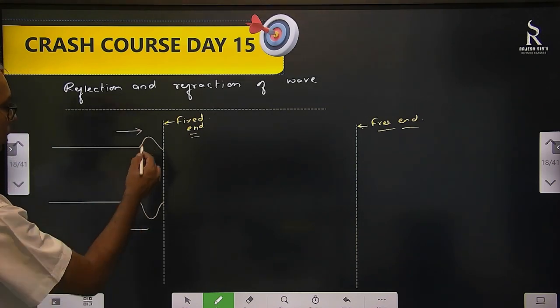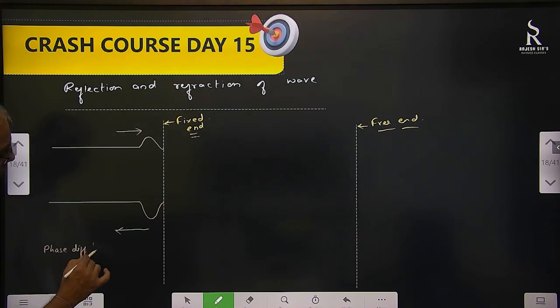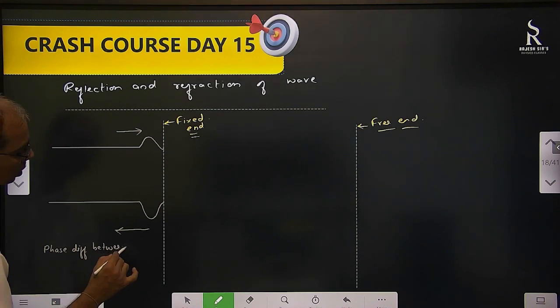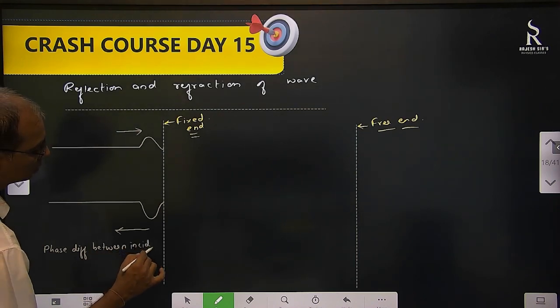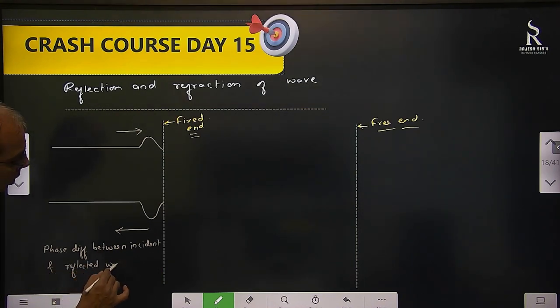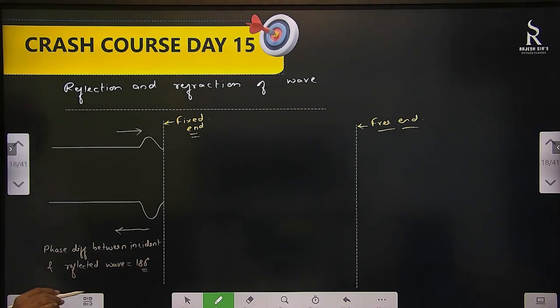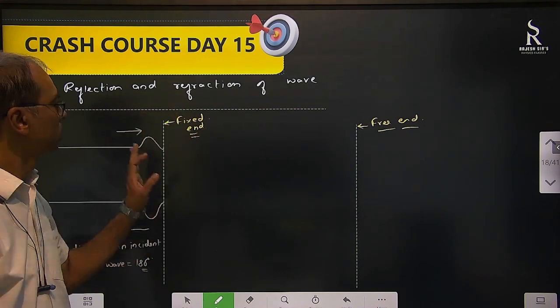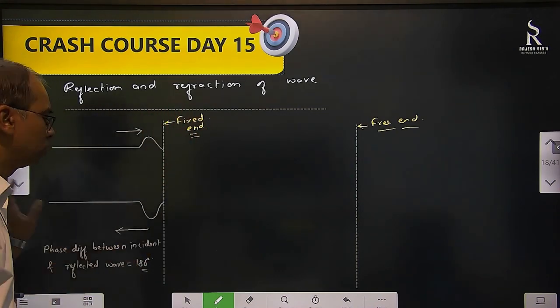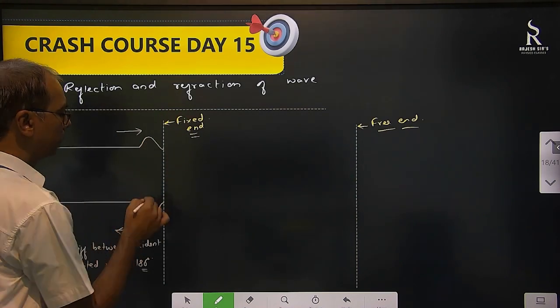So in this one, the phase difference between the incident and reflected wave is 180 degrees. Remaining, nothing has changed because on this side no energy is going. So whatever energy was incident, the same energy is going back. So amplitude is not changed in this one. If amplitude is A over here, here also A.